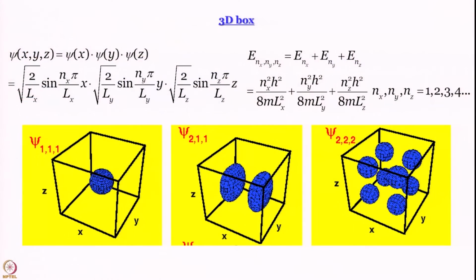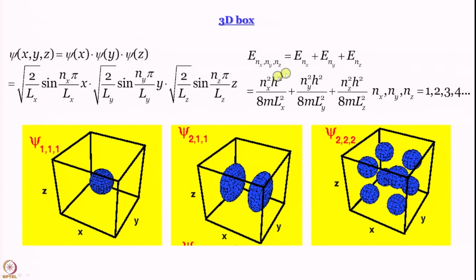I hope we have absorbed that and understood how beautiful a result we have arrived at. Now let us quickly increase the dimensionality a little more. 3D box, same thing: the wave function is now a product of 3 sine functions.